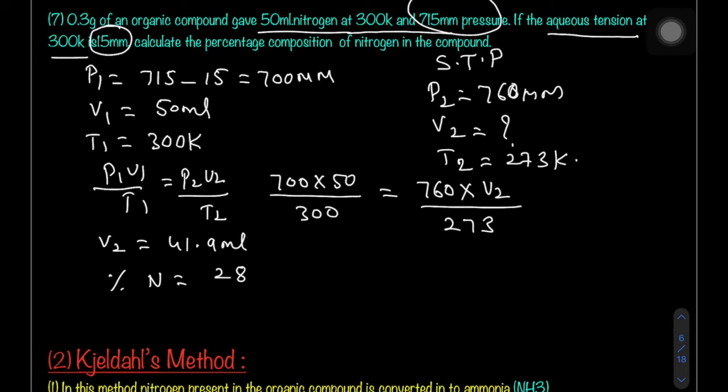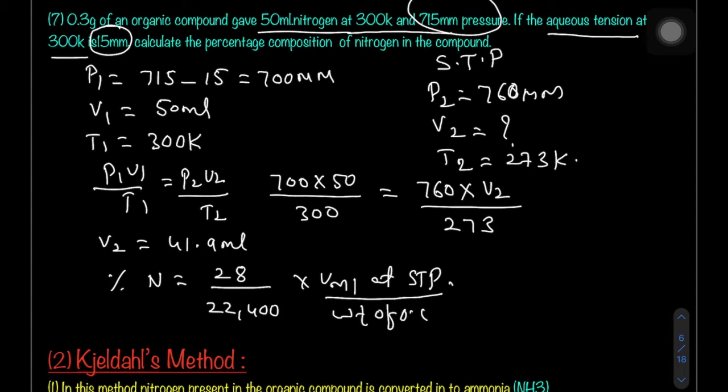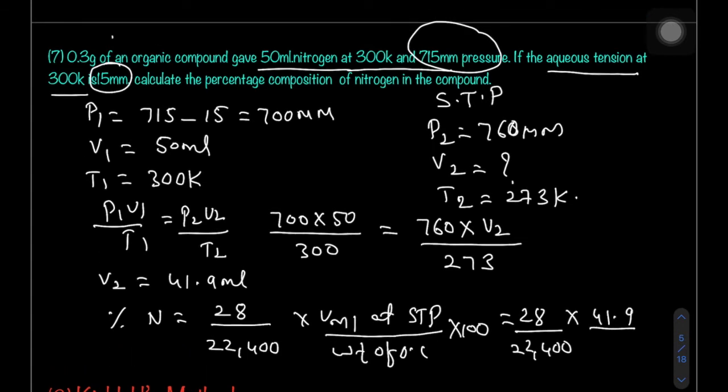After that we can directly calculate the percentage of nitrogen, that is 28 by 22,400 into volume of nitrogen in ml at STP condition divided by weight of organic compound into 100. Okay, 28 by 22,400 into what is the volume now? 41.9.